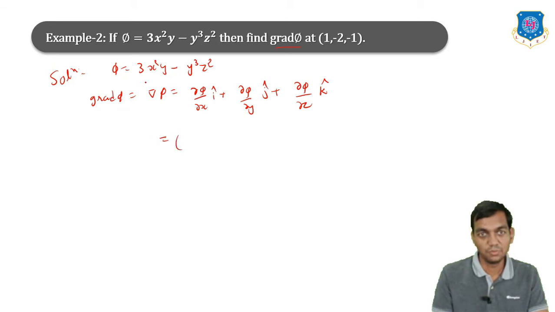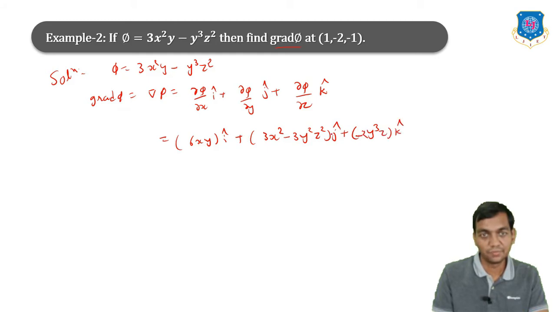Now derivative of this term with respect to x, so 3 twos are 6xy into i. Derivative of this term with respect to y, that is 3x square minus 3y square z square into j. Derivative with respect to z, that will be minus y cube into 2z, so minus 2y cube z into k.